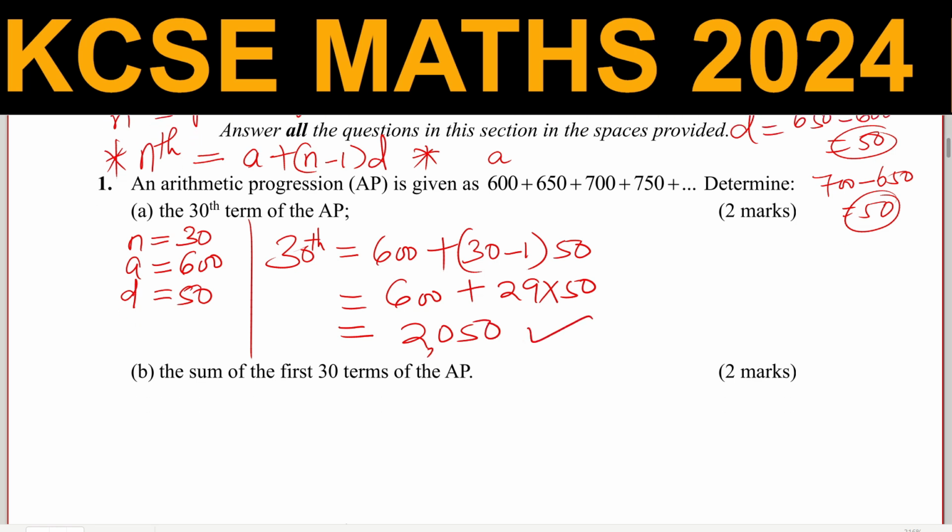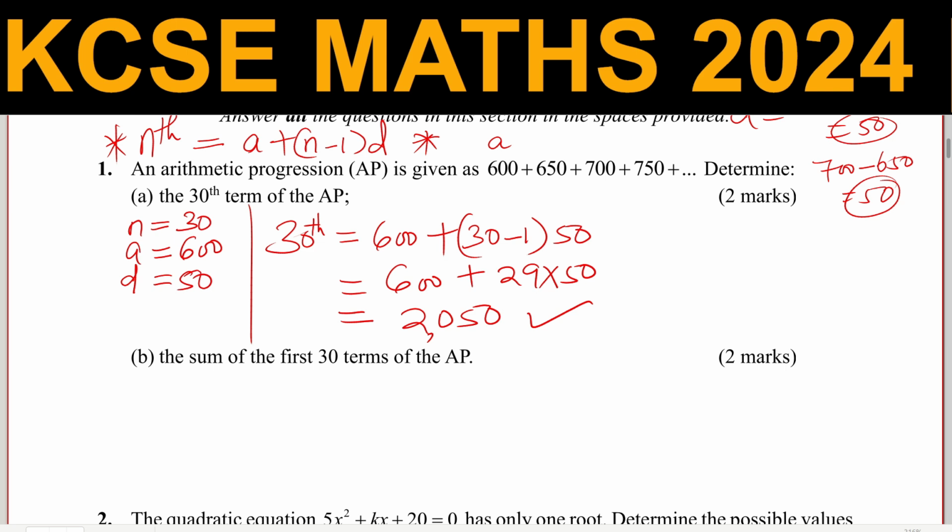Part B, the sum of the first 30 terms of the AP. Once again, for you to work this out, you need to know how to get the sum of a given number of terms of any arithmetic progression. So not the nth term, but the sum of the n terms.